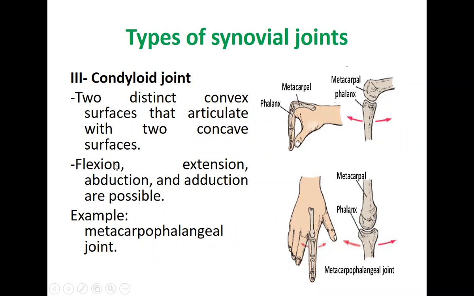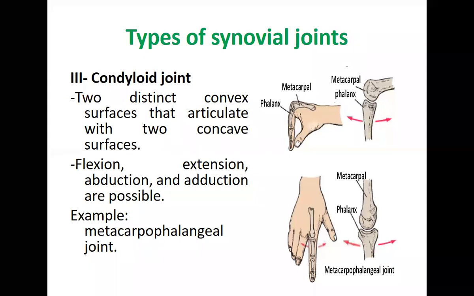The movements taking place at this kind of joint will be flexion, extension, abduction, and adduction. Four movements will be taking place at this joint. When you come to the next lab, I will demonstrate how exactly these movements take place.